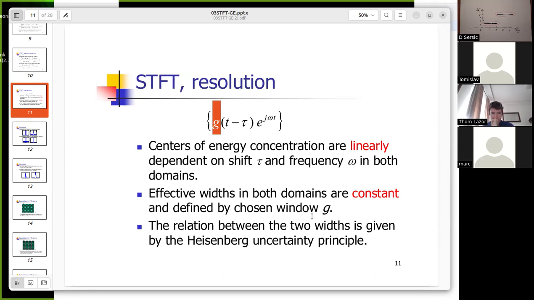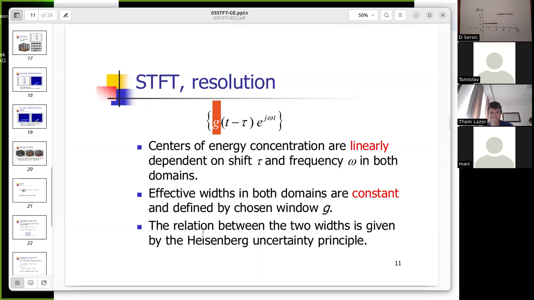So are there any admissibility conditions? Are all g's admissible for the short time Fourier transform? Can you just put in whatever you can think of, or are there some limitations? The truth is that you have a pretty good freedom of choosing g, and actually the only real limitation is that g must be of finite energy.